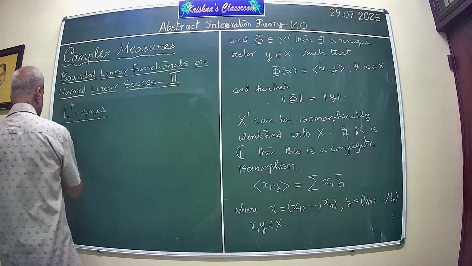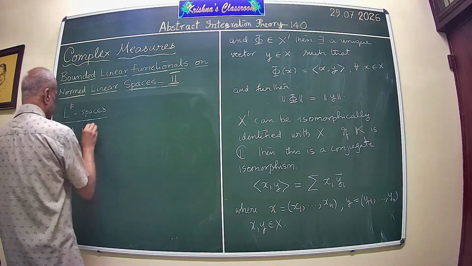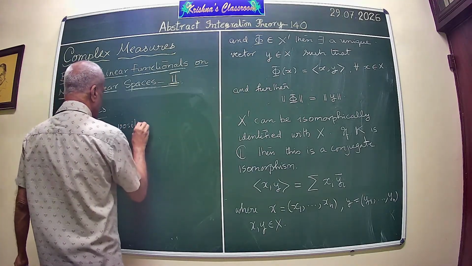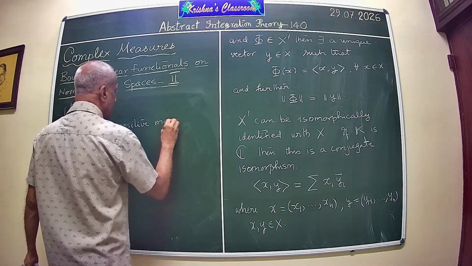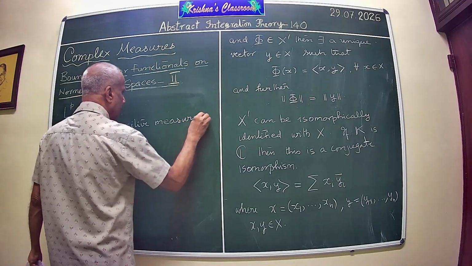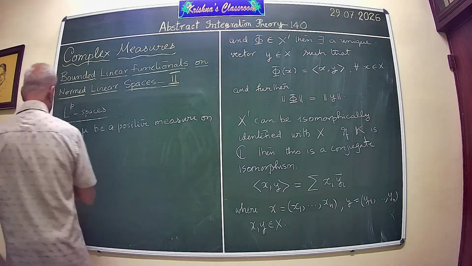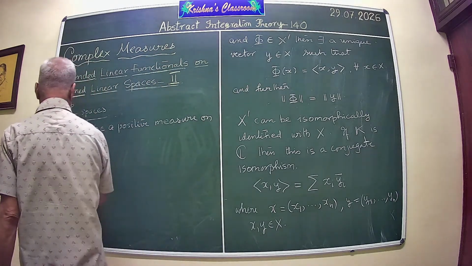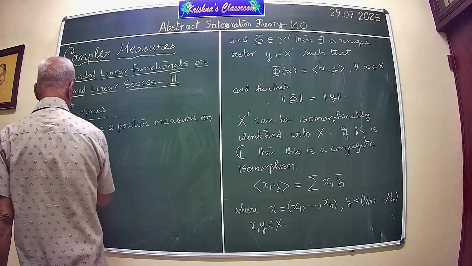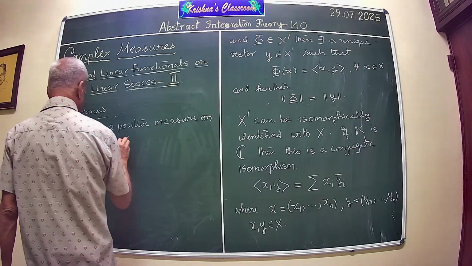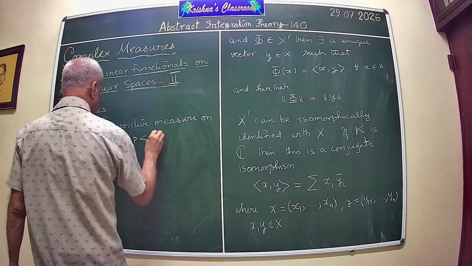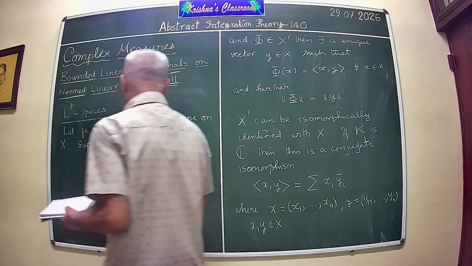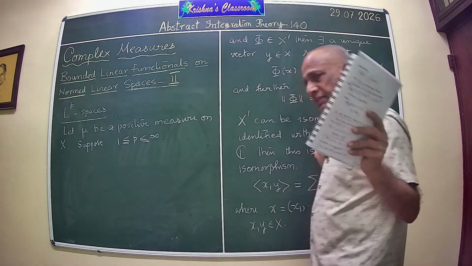Let mu be a positive measure on X. Suppose 1 less than or equal to p, maybe even infinity. We are considering a whole bunch of cases together.